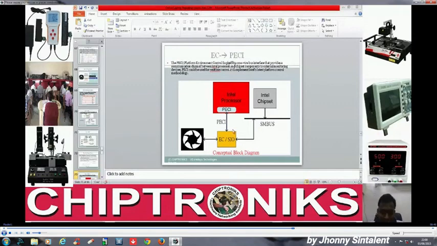This is the Intel processor, and here we have the IO controller. So between the Intel processor and the IO controller there is a one-wire interface for providing temperature measurement, right?